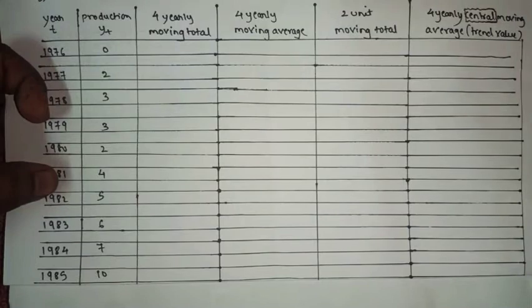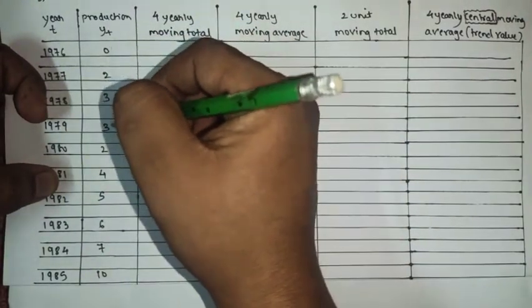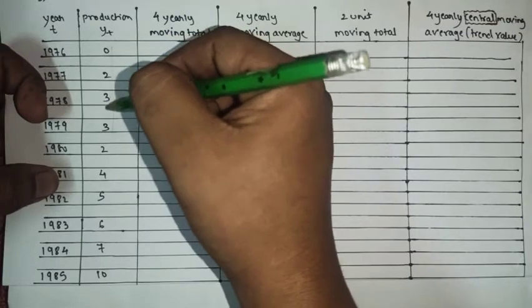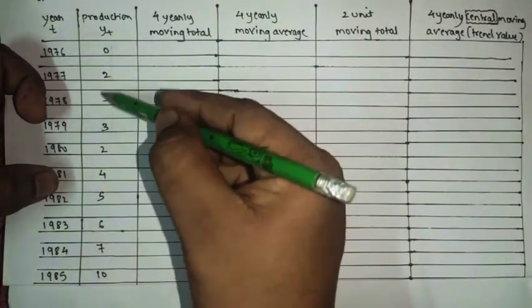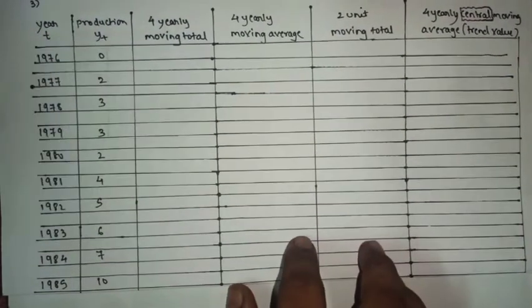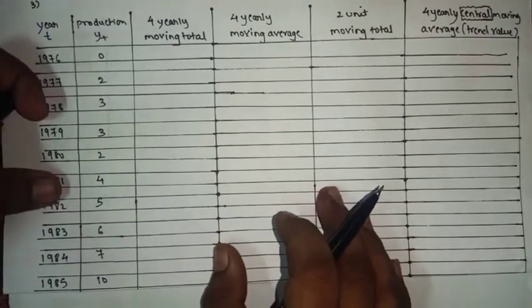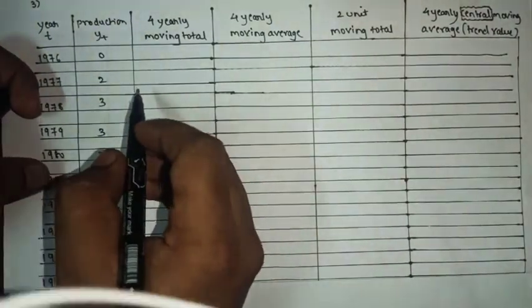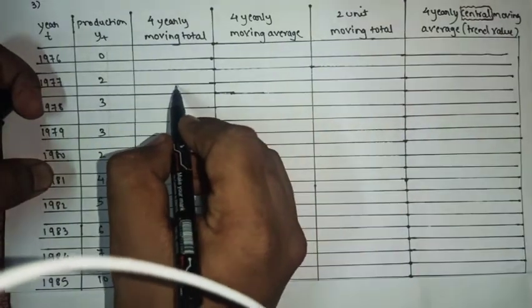Okay. First we'll add the numbers. So we have to add these four numbers now. 0, 2, 3, 3. So what will we get? 6, 7, 8. Yes or no? So now where will you write that sum? Between these two numbers. Understood?